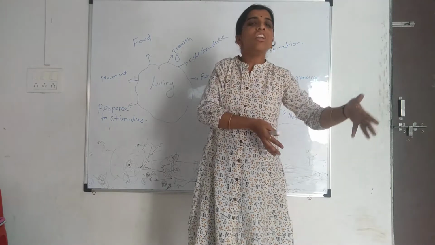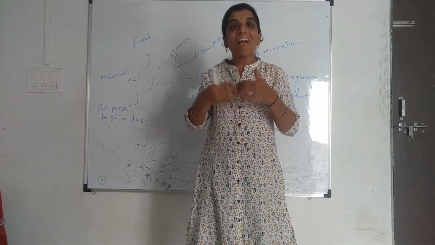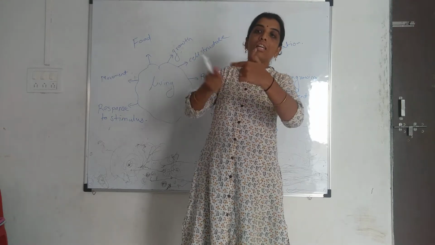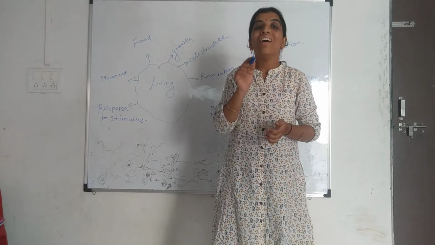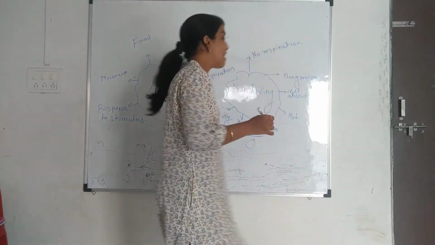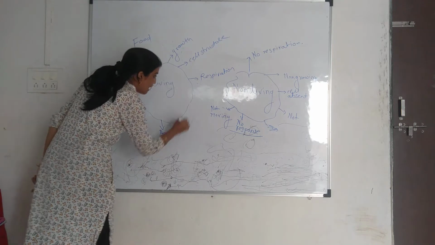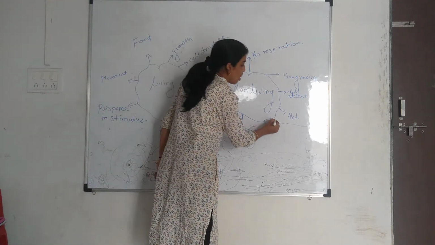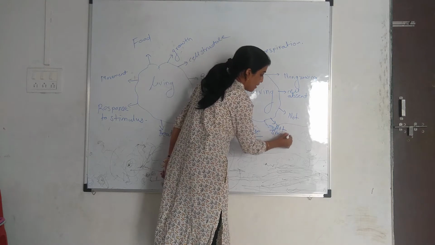Means a house is a non-living thing which remains as it is for more time, but we are living things, so our lifespan is decided. So this is one of the characteristics of a living being, that they are dying. That is nothing but death. And non-living things do not have a specific lifespan, isn't it?